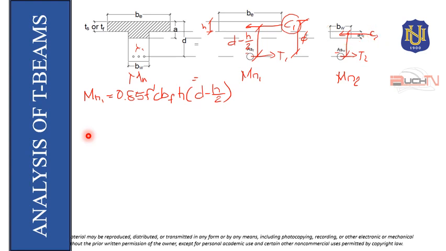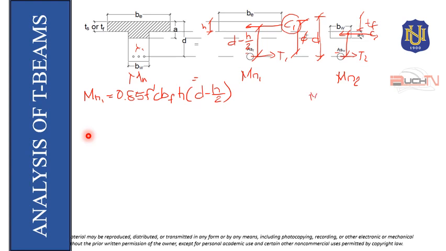So, the moment arm for that one will be, since galing ulit sa taas is D, dun sa pinakaibabaw, syempre nabawasan na natin siya ng TF. So, that means pwede nating sabihin yung moment arm dun is D.